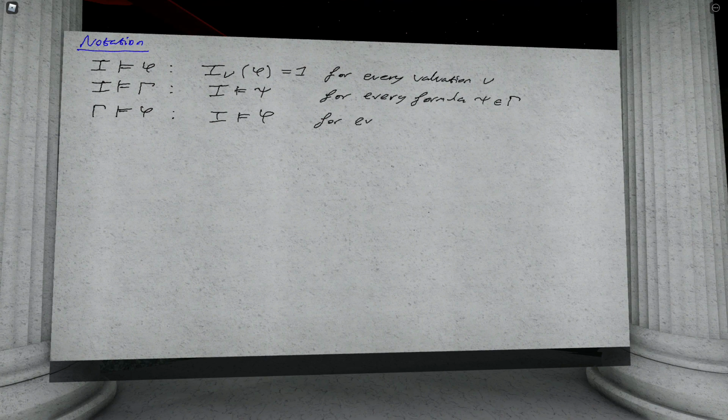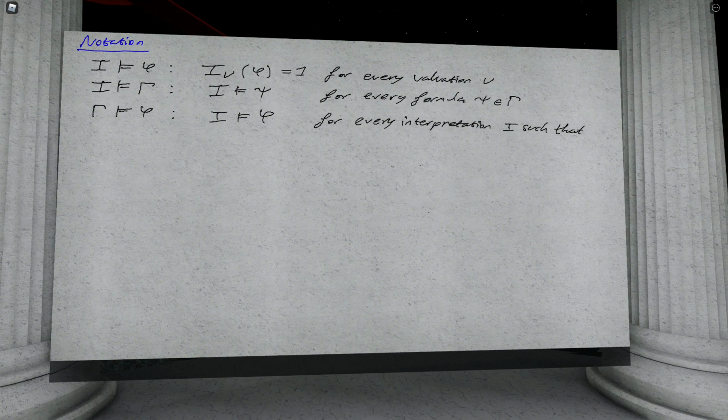Sorry to go back to this first line, but when you say for every valuation the I of v of phi is 1, what does that mean? That it's equal to 1? That it's provable that there exists a natural deduction with that conclusion? No. This is all back to the semantics. So an interpretation is on the semantic side.